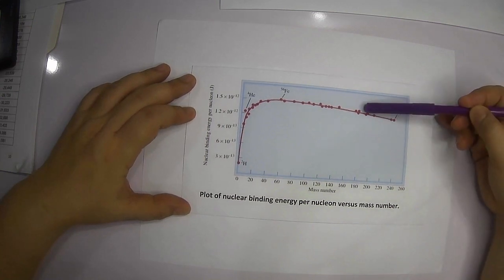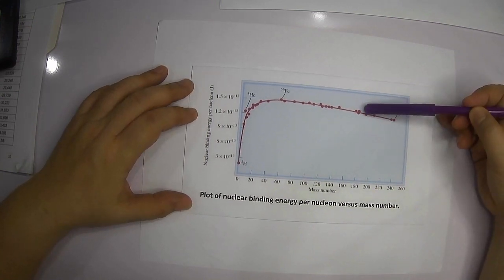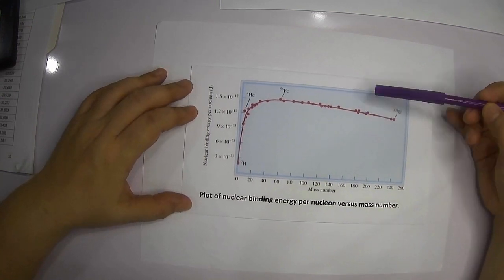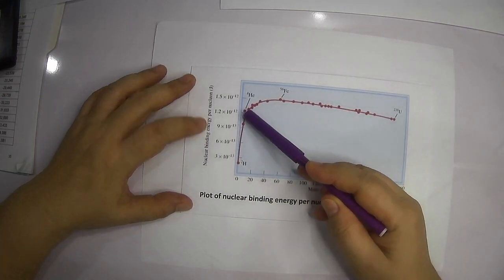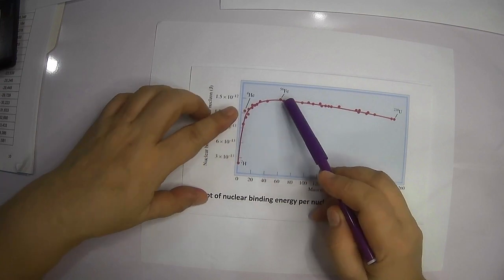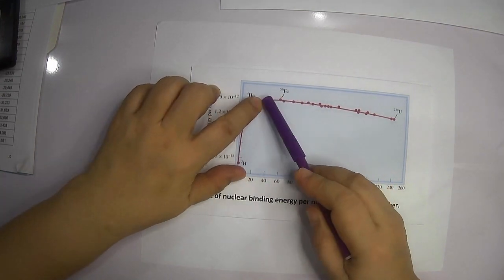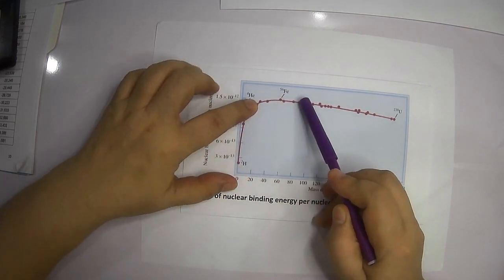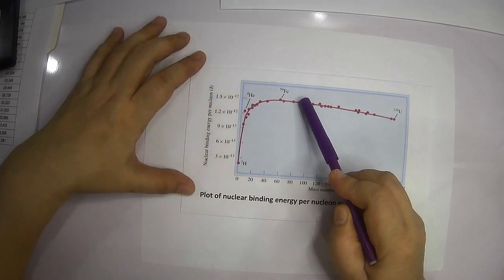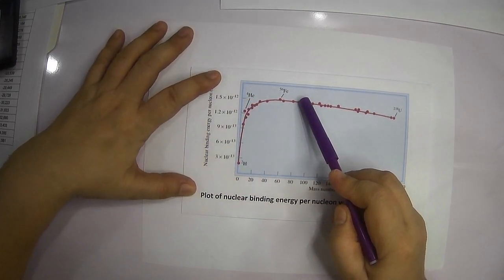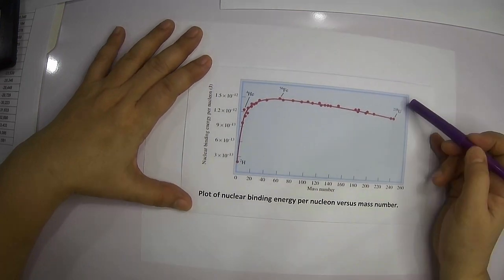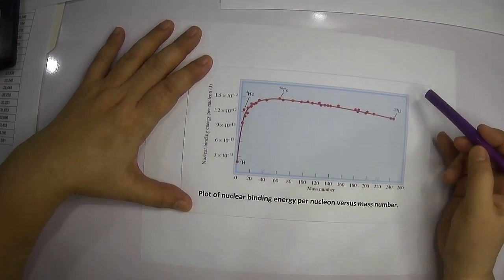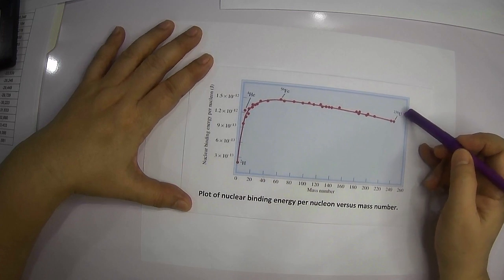This plot suggests that two processes might produce greater stability. If two lighter nuclei here can be combined, this would result in a nucleus with greater stability here. Such a process is called nuclear fusion, which we have discussed in the previous episode on the types of nuclear reaction.